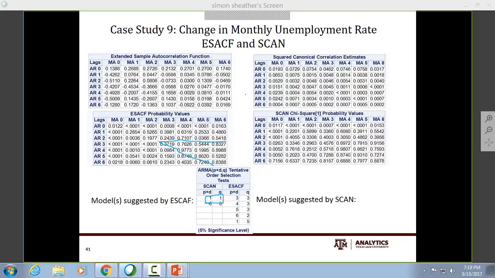It's popping into the porridge, not out of the porridge. So I think 1-1 looks best, but whatever algorithm SAS is using, it thinks 3-3. So all is not lost here. It just says the ESACF is pretty confused. There's nothing that strongly pops out of the ESACF.